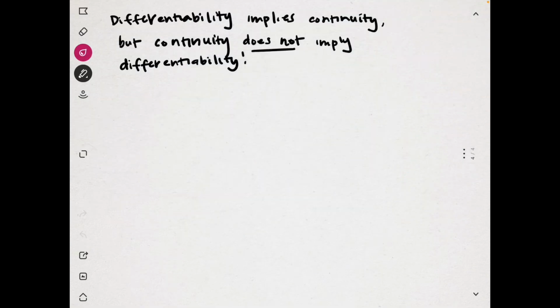Okay, and then the last thing to remember, and this is super important when we talk about continuity and differentiability. Differentiability implies continuity. What that means is if we know that some function is differentiable, then we know that it's also continuous.